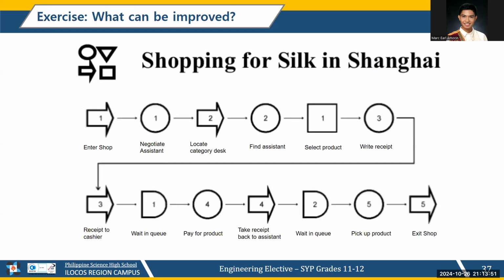So example of a process map. This one shows the steps involved when shopping for silk in Shanghai. So again, we have used here the different process mapping symbols. So enter the shop, that is transportation, negotiate assistant, locate the category desk, find assistant, select products or silk.